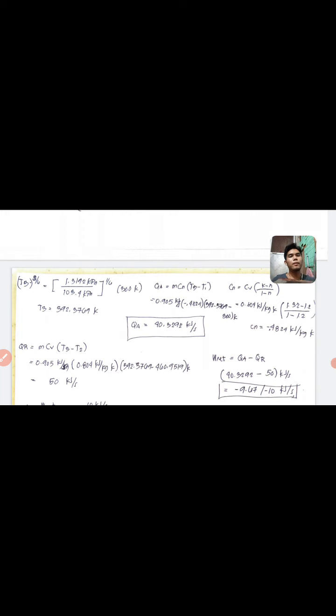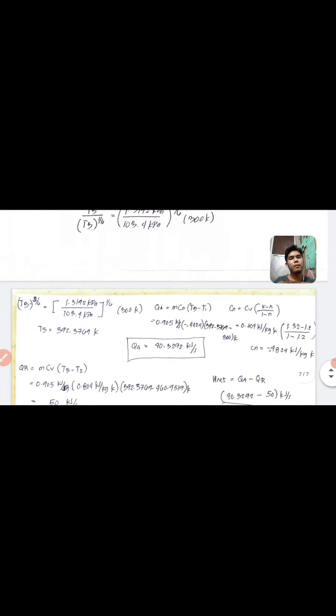Now we can solve for our QA. From the formula, QA is equal to MCn multiplied by T3 minus T1, since we already solved for the values of T3 and T1, but we don't have the value of our Cn. So let's solve for Cn, since we already know the values of K and n, which is given.